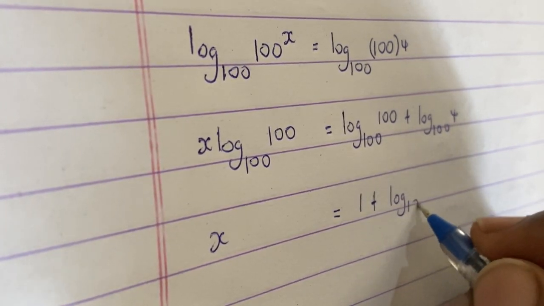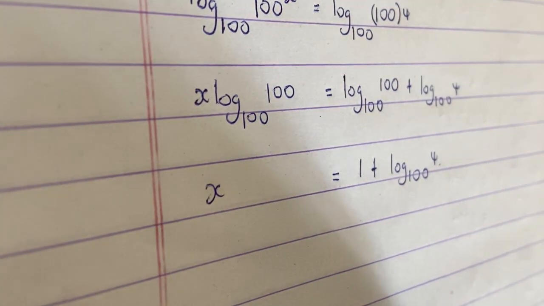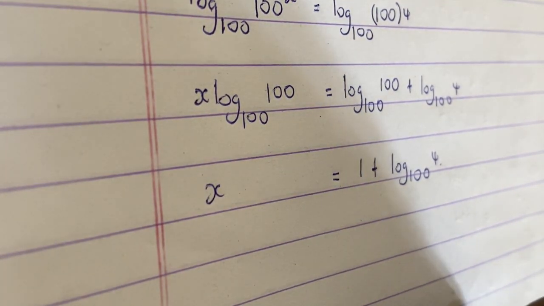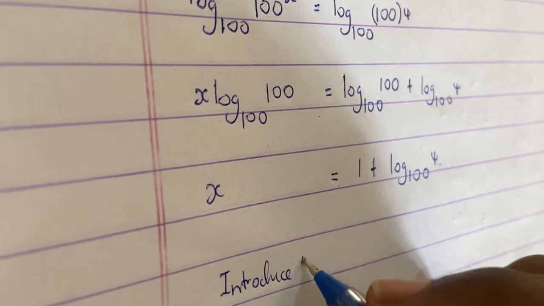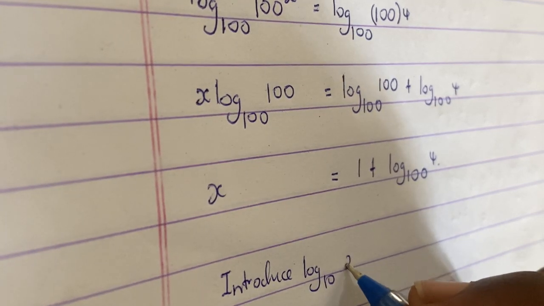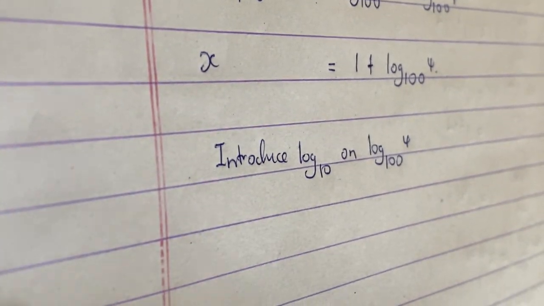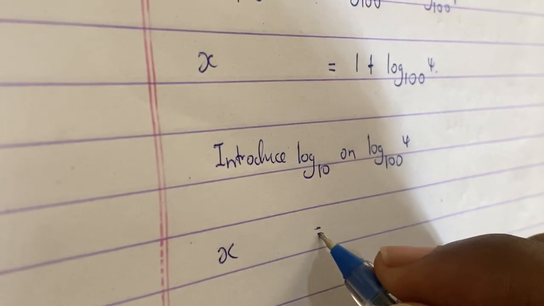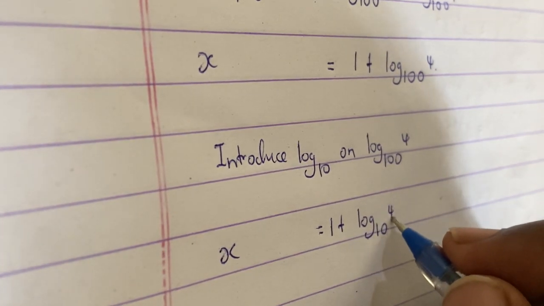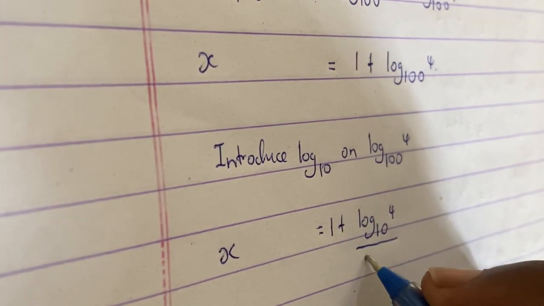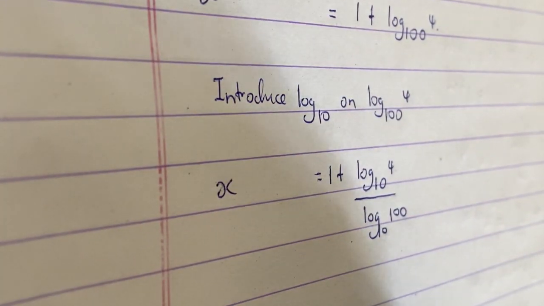log 100 of 4. So here we can introduce log 10 on log 100 to power 4. So x is going to be equal to 1 plus log 10 of 4 over log 10 of 100.